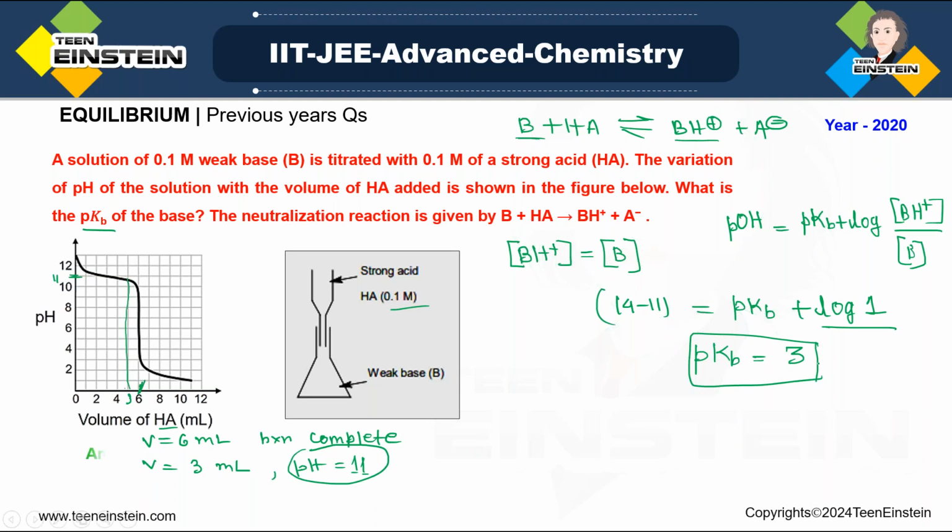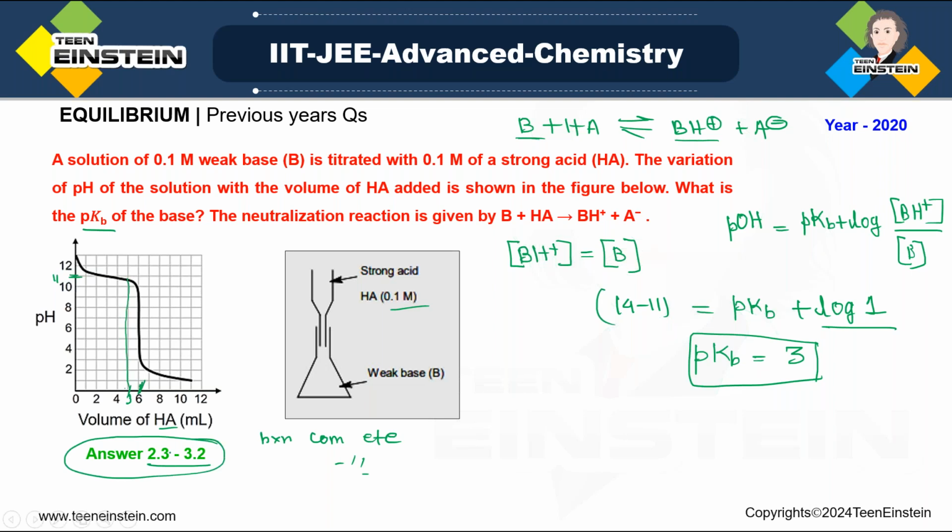So here the answer key is given like this, that is, there is a range. Why is the range given? When you are considering this 3 ml, you can say that it is not exactly 11 from the picture. If someone is assuming another value close to 11, then the answer may vary a little bit. But here it is 3, which is within this range, so it is okay.